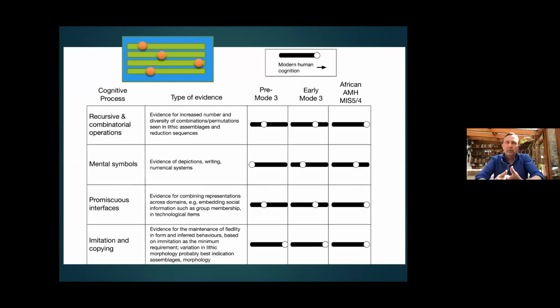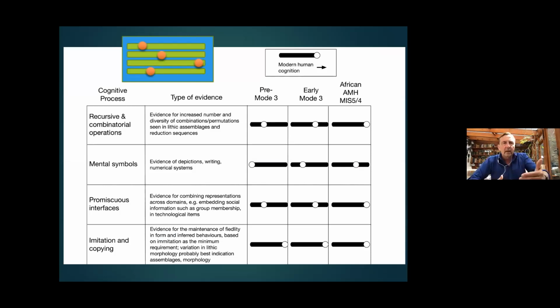And then we want to try and put that into relation with the technology. And what we've done here is just to link it to a particular phase rather than the whole periods. Pre-mode 3, so end of mode 2, early mode 3, and then marine isotope stage 4, when we're moving into the later Stone Age in Africa, or Upper Paleolithic in Europe, if we wanted to go out there.